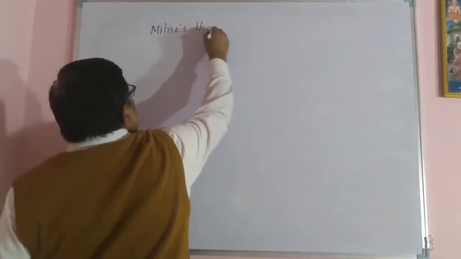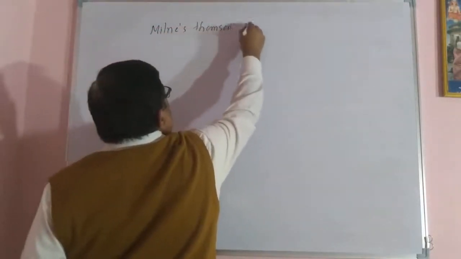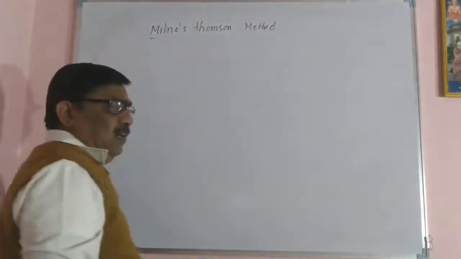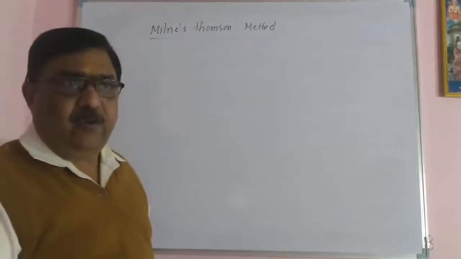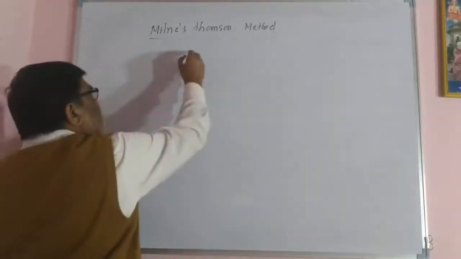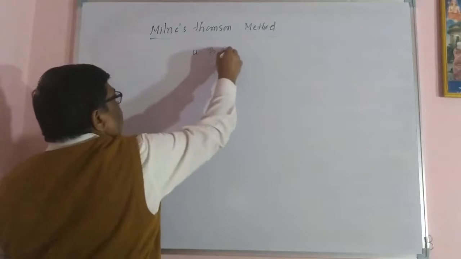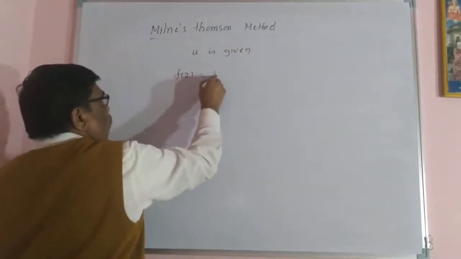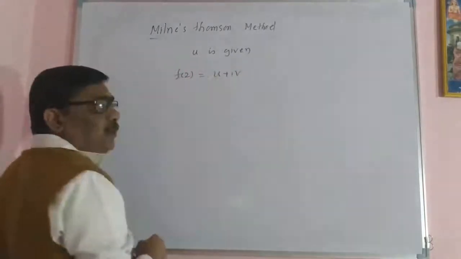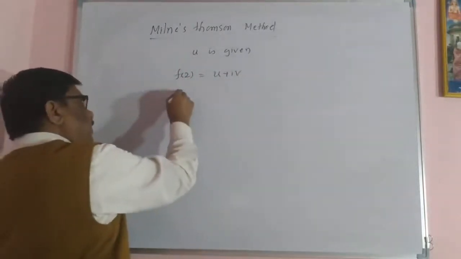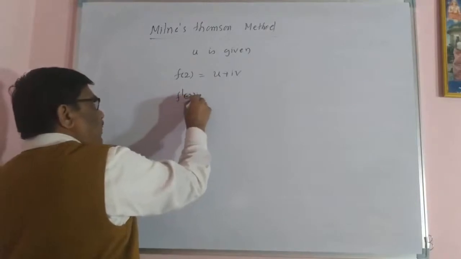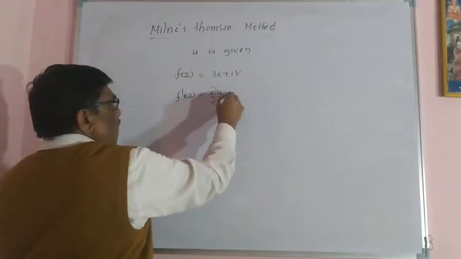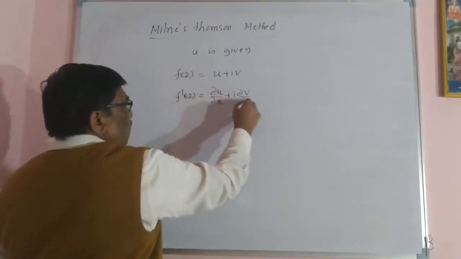It is the Milne-Thomson method. It's the method of constructing analytic function. What we are doing: when u is given, means the real part is given, we know that f of z equals u plus iv, and f dash of z equals, differentiating partially with respect to x, dou u by dou x plus i dou v by dou x.